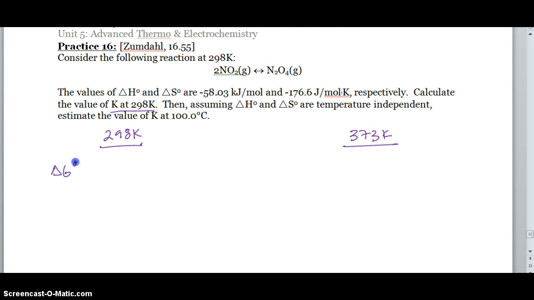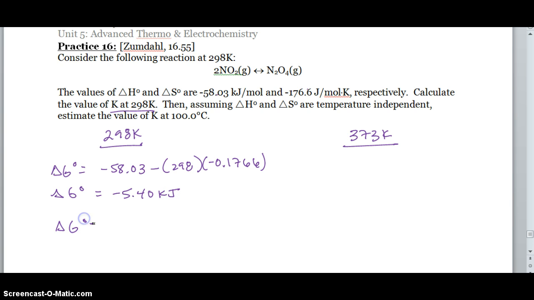So we need a delta G°, so we have negative 58.03 minus 298 times negative 0.1766. So delta G° comes out to negative 5.40 kilojoules.